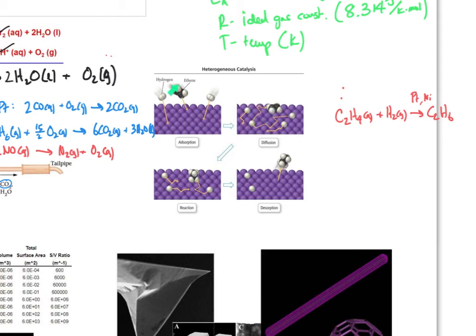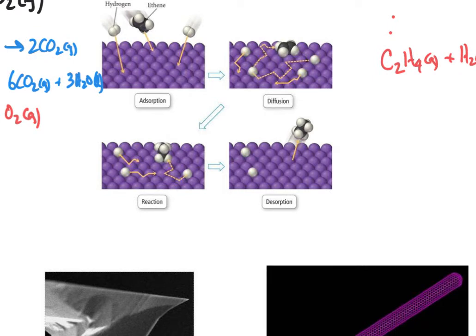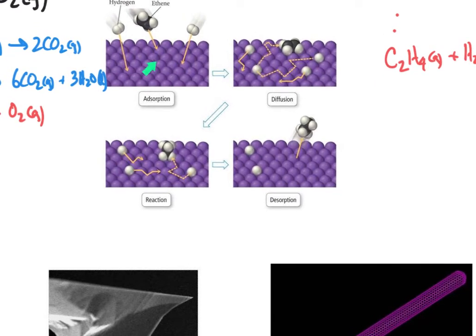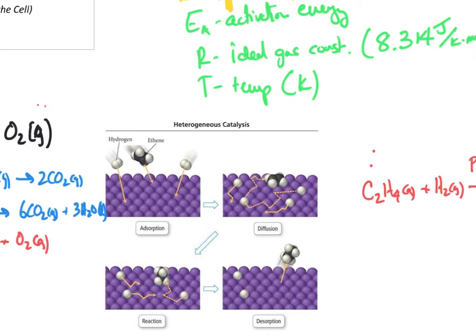Okay, so ethene comes along, hits the surface, bounces along the surface, and hydrogen comes along, hits the surface, bounces along the surface. It also can diffuse. So both the hydrogen and the ethene can bounce along the surface. Now, what that's doing essentially is it's helping this exponential prefactor term with the orientation effect.